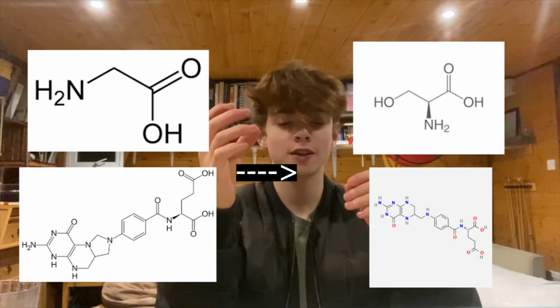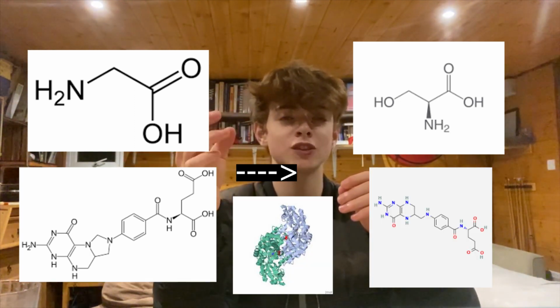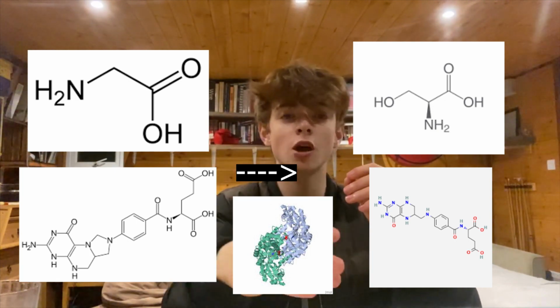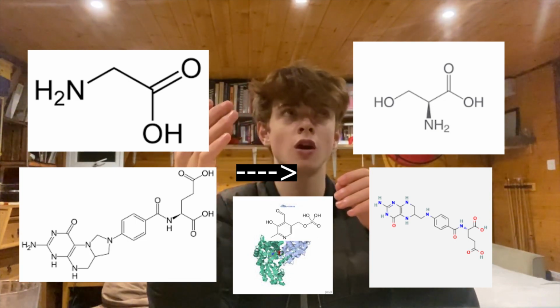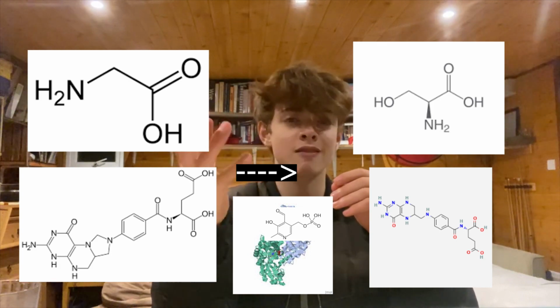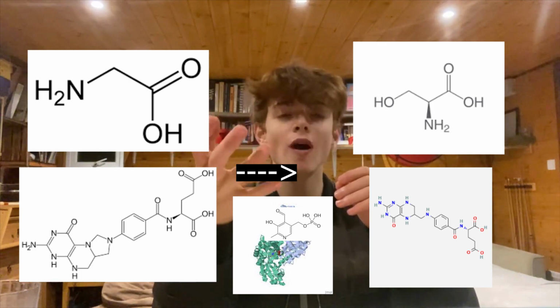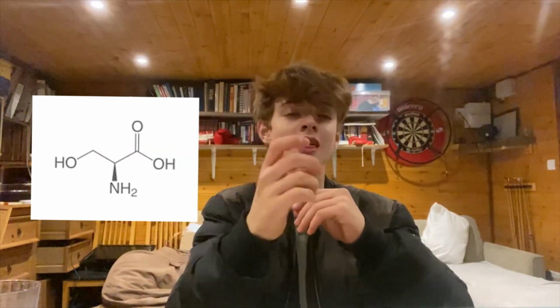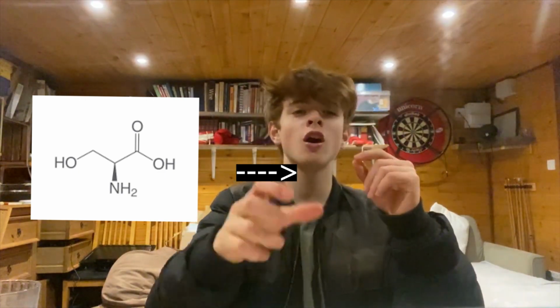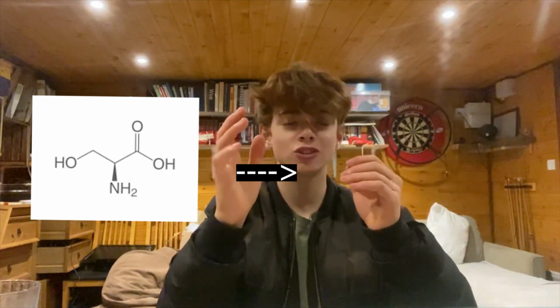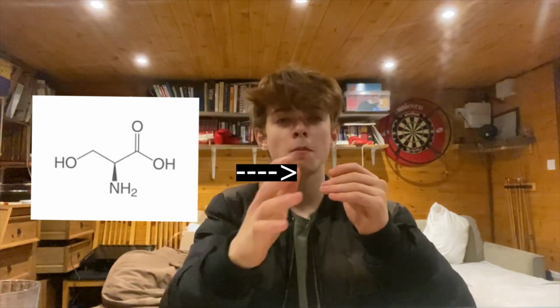This reaction is catalyzed by the enzyme serine hydroxymethyltransferase. This enzyme is reliant on PLP, pyridoxal phosphate, to actually carry out its mechanism. Now you have serine, another amino acid. This amino acid can then go through a one-and-a-half-ish reaction step to end up forming pyruvate.